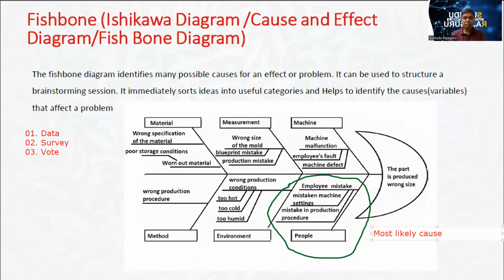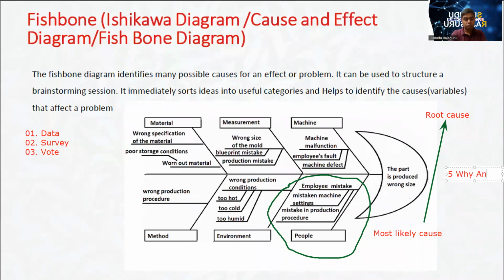It is not relevant to the fishbone, but I would like to add something. From the most likely cause, if you want, you can find out the root cause also. From the most likely cause to the root cause, we have to go through the 5 why analysis.